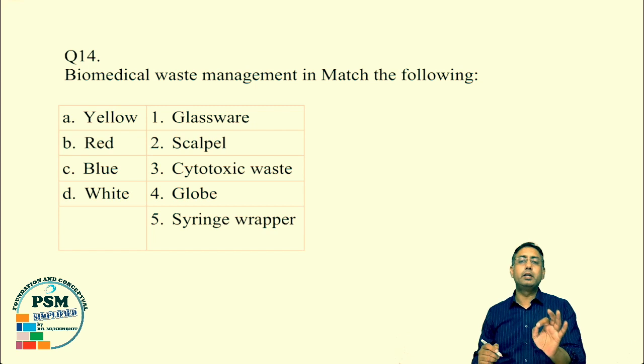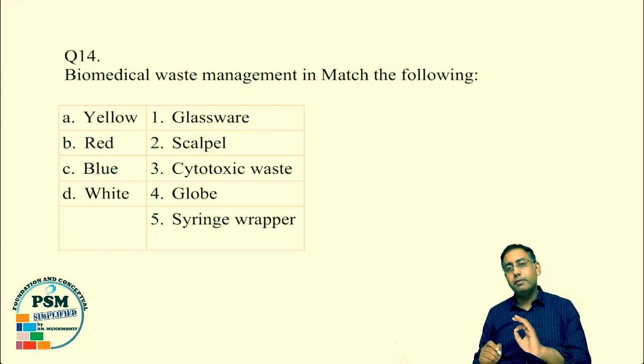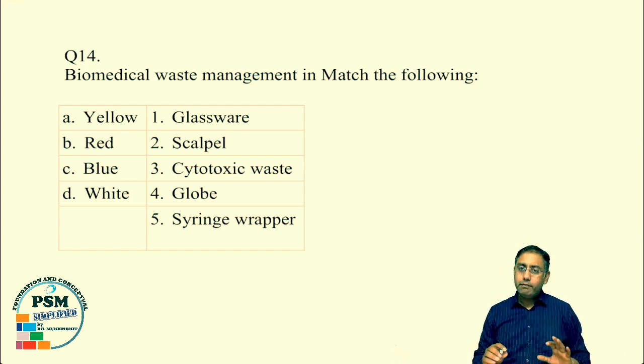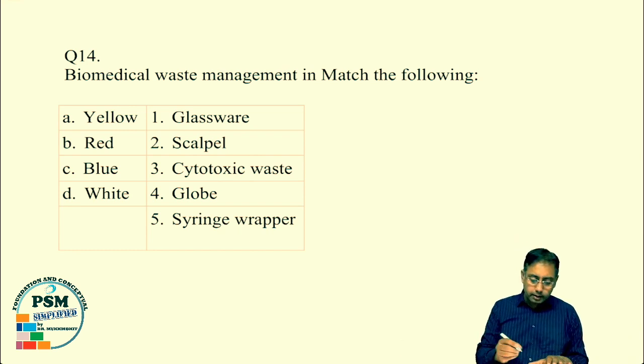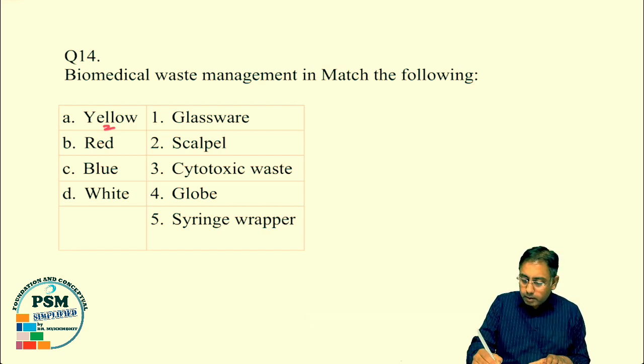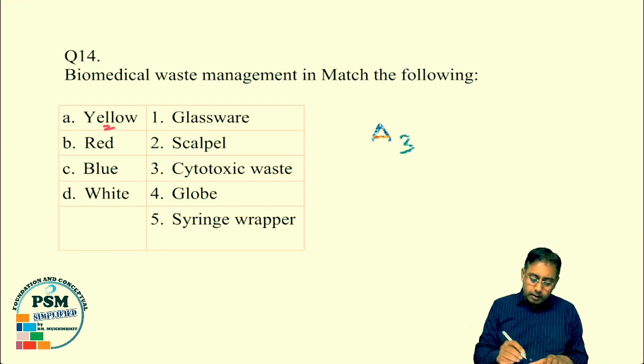So you can do it anywhere. Yellow, please remember, is for anatomical waste, animal waste, cytotoxic waste, every kind of waste which is incineratable, plus the chemical waste and discarded medicines. They all are under the yellow category. So yellow category, I would like to mark with what? Glassware, no. Scalpel, no. Cytotoxic, yes. So I would like to mark A with the third one.